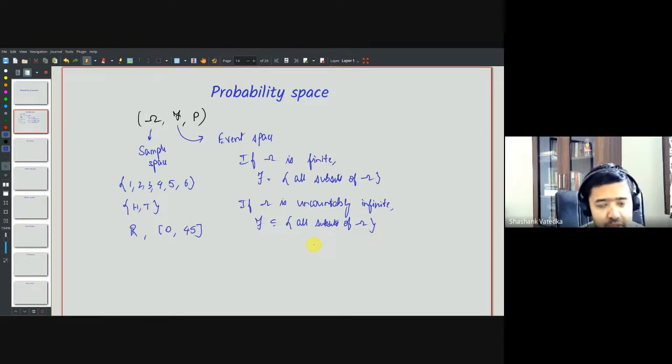So for every possible event that we're interested in, what is the probability of that event happening, right? And in particular, the event space will always include the sample space.